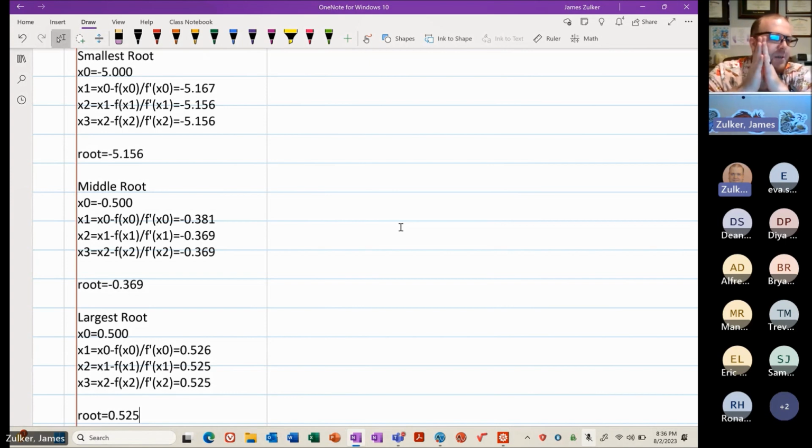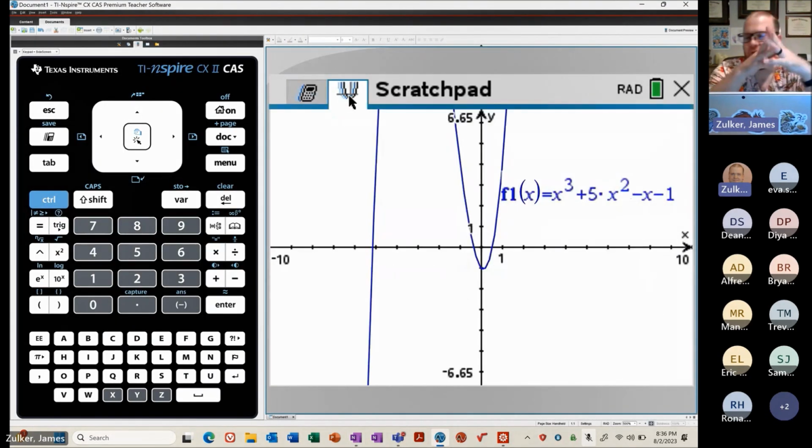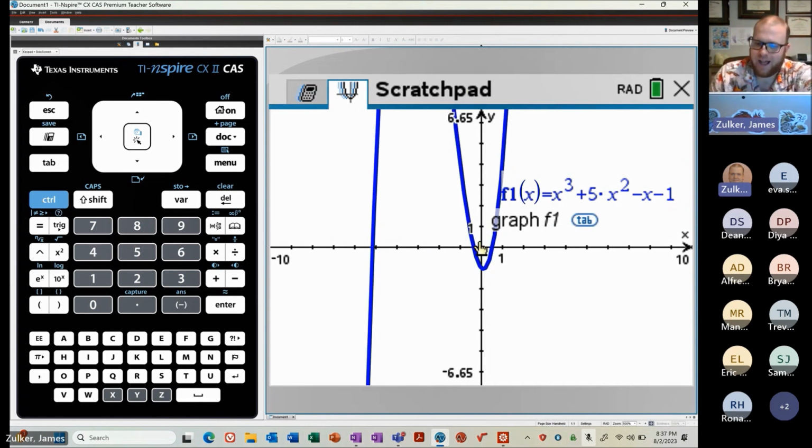So this is why it is imperative that if I do not give you an initial guess, which I am most likely going to do, you need to look at the graph and pick a value that is really close. You don't have to be dead on as long as you're pretty darn close. I would not, for instance, pick 0 for either of these 2 roots.